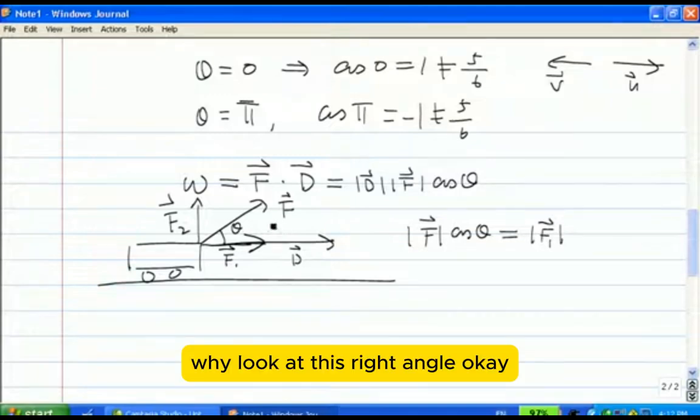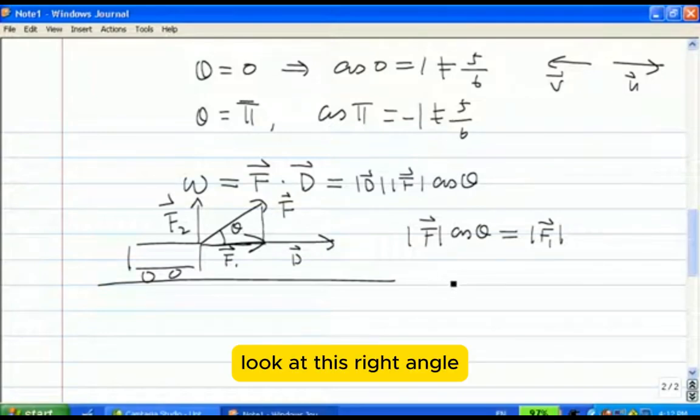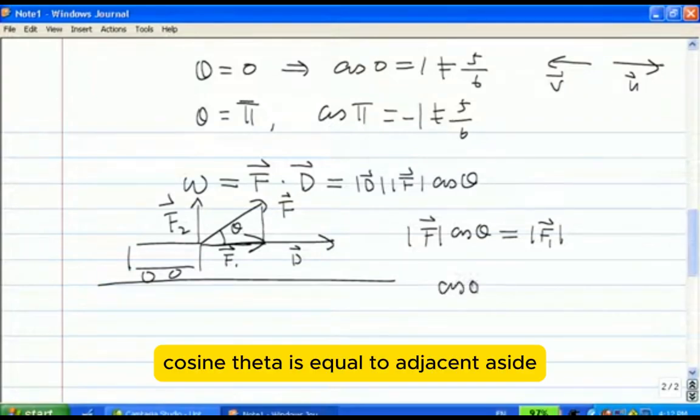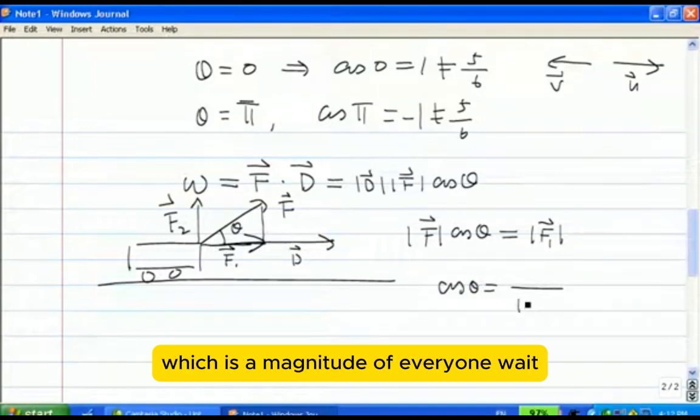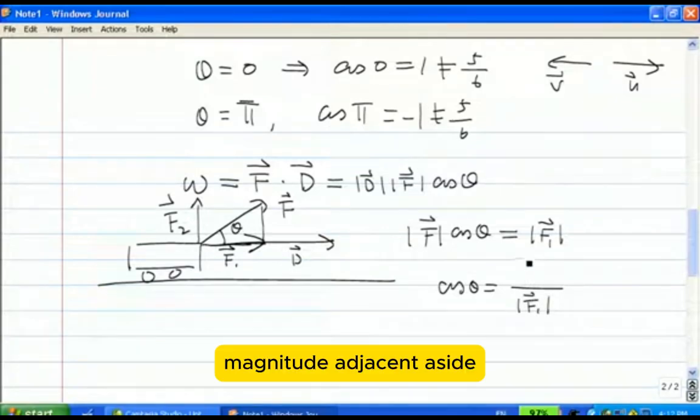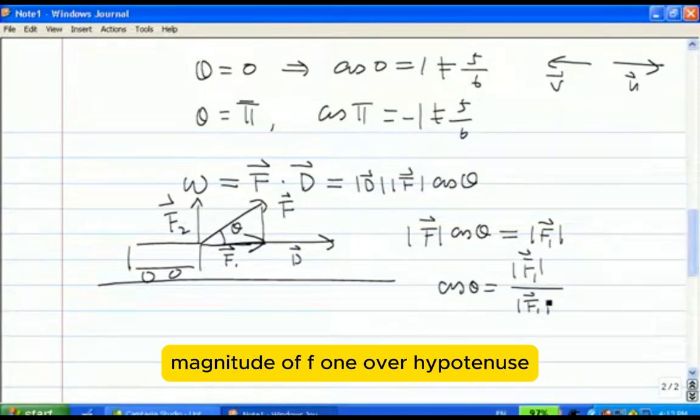Why? Look at this right triangle. Cosine theta is equal to the adjacent side, which is the magnitude of F1, over the hypotenuse.